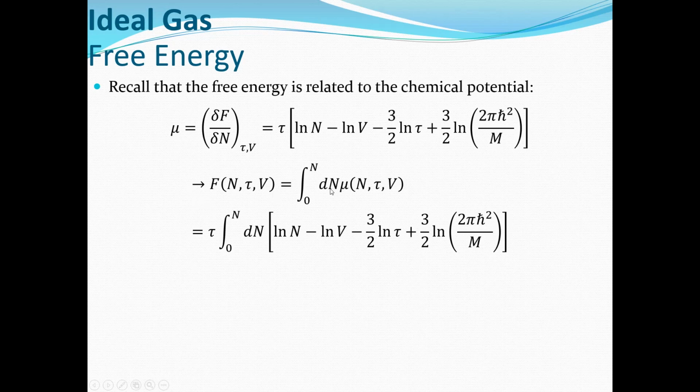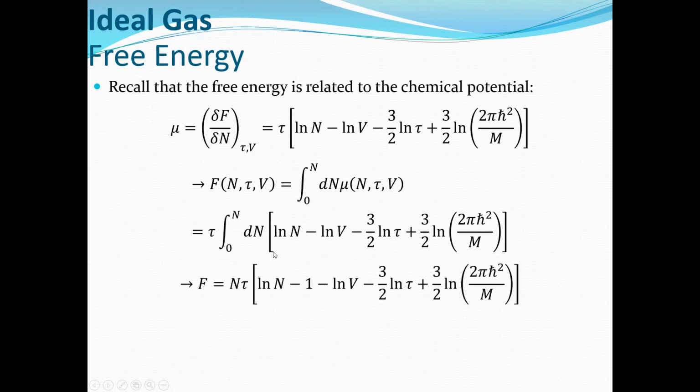Taking the integral of this with respect to dn, it will end up looking like this. So this will end up being the free energy that we get by using this mu term, this chemical potential equation.